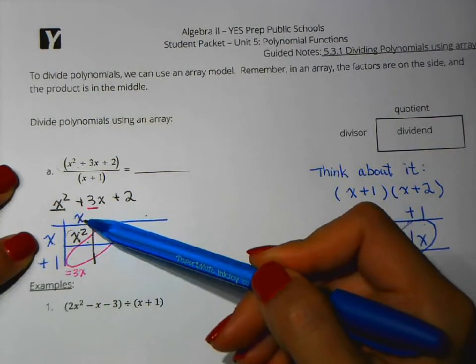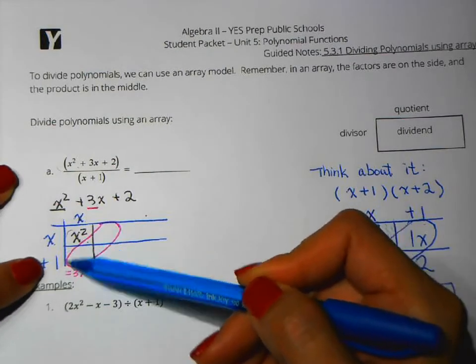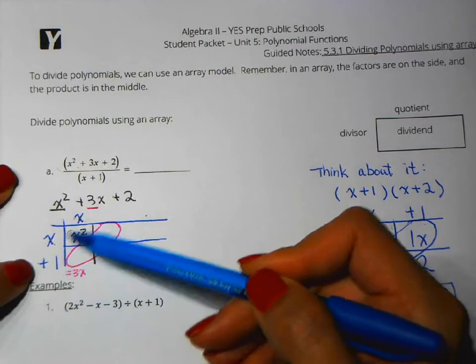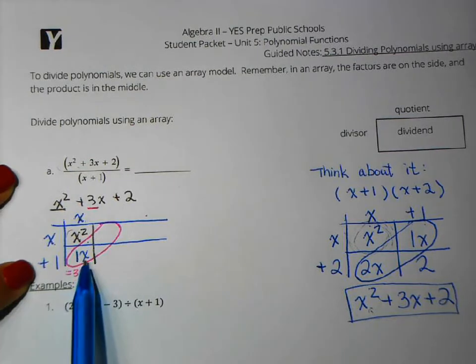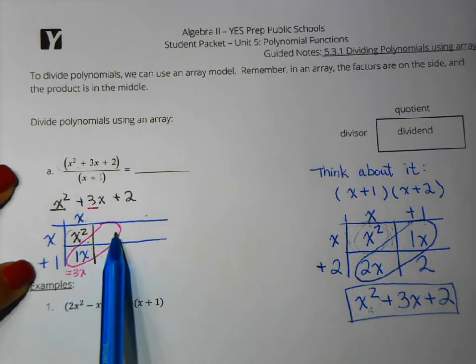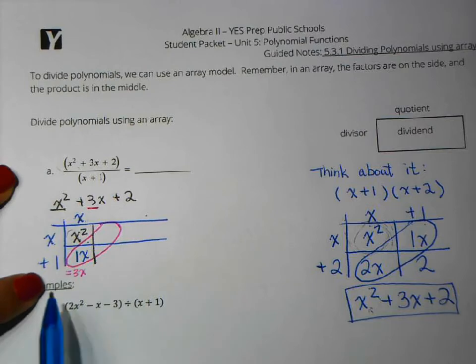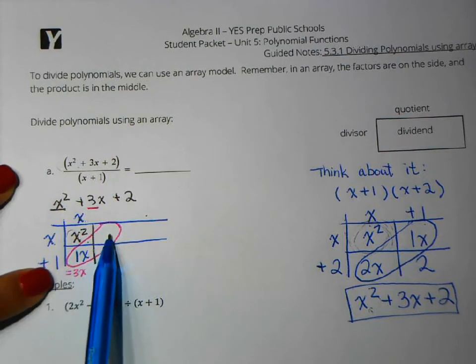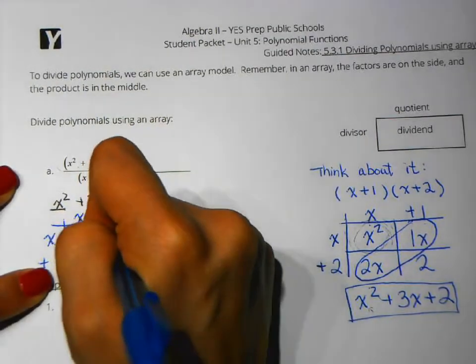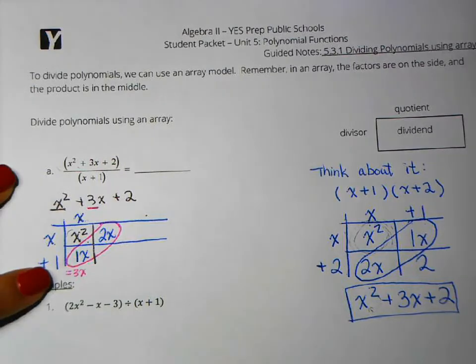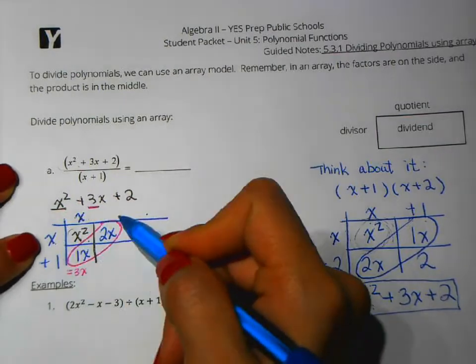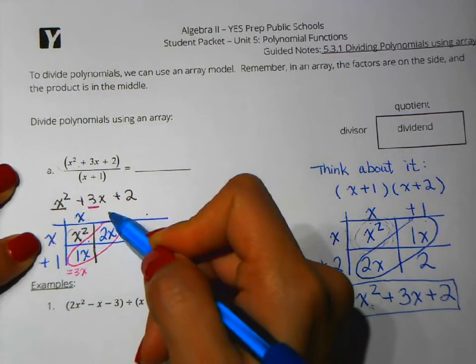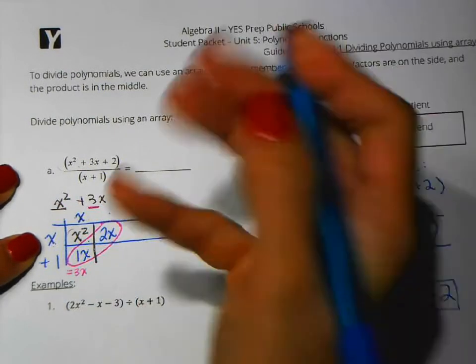Because I know this is x, I can now figure out the area of this box down here. 1 times x is 1x. And 1x plus some other term will give me 3x. That other term is 2x. When I figure that out, I can go back to the multiplication. X times what equals 2x?